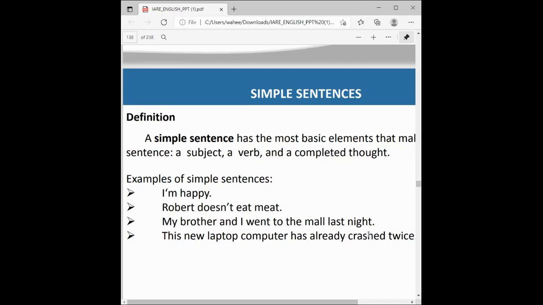It looks like a phrase, you know, but it has a complete thought in it. Robert doesn't eat meat. We'll go with the same kind of sentences in all four types of sentences, so it gets easier for you to understand. Okay.